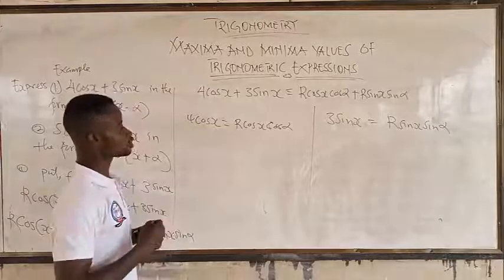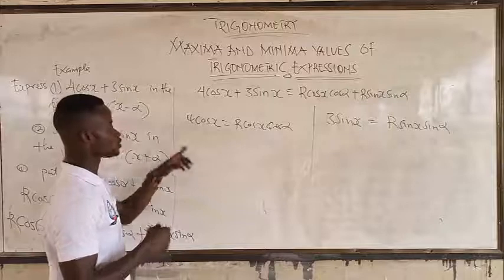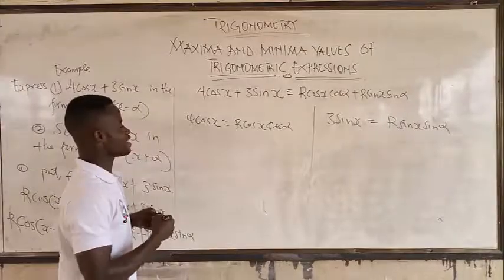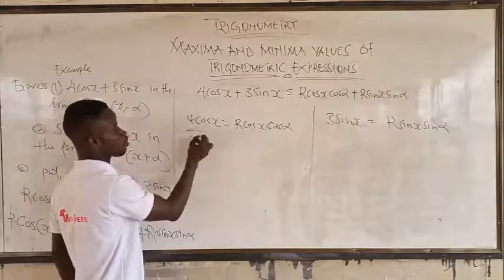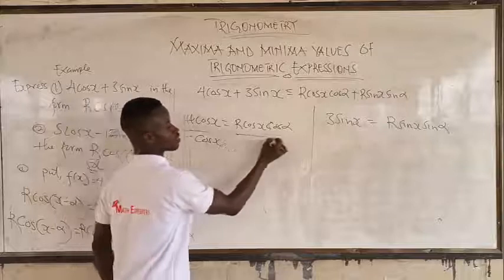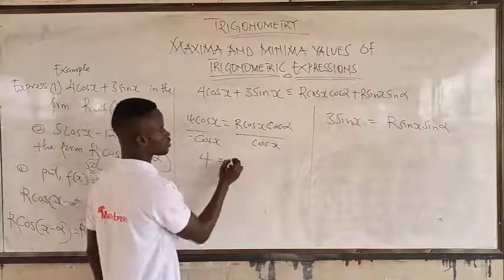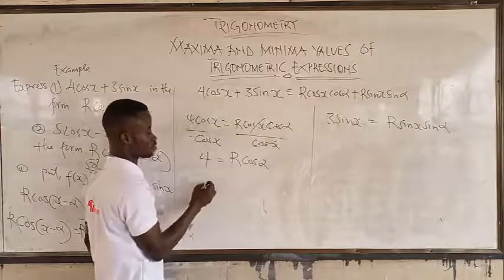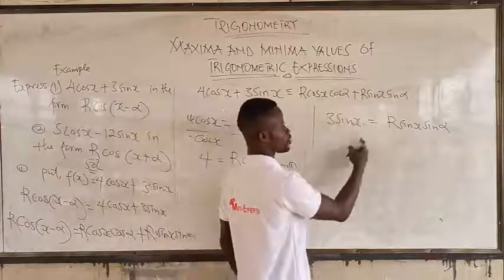Then we move on to make 4 the subject, like this is representing a here. So we divide both sides by cos s. So 4 will be equal to r cos alpha. This cancels this. Then we name it equation 1. Then we go for this.